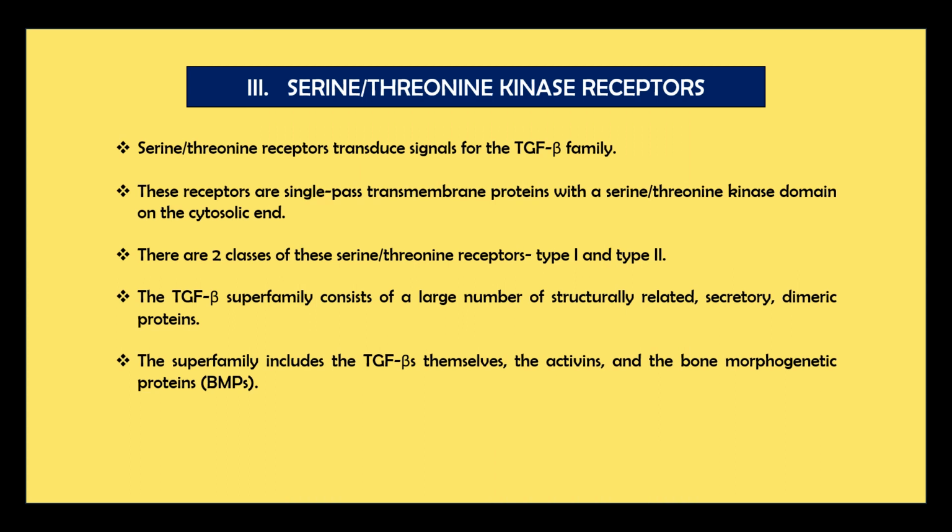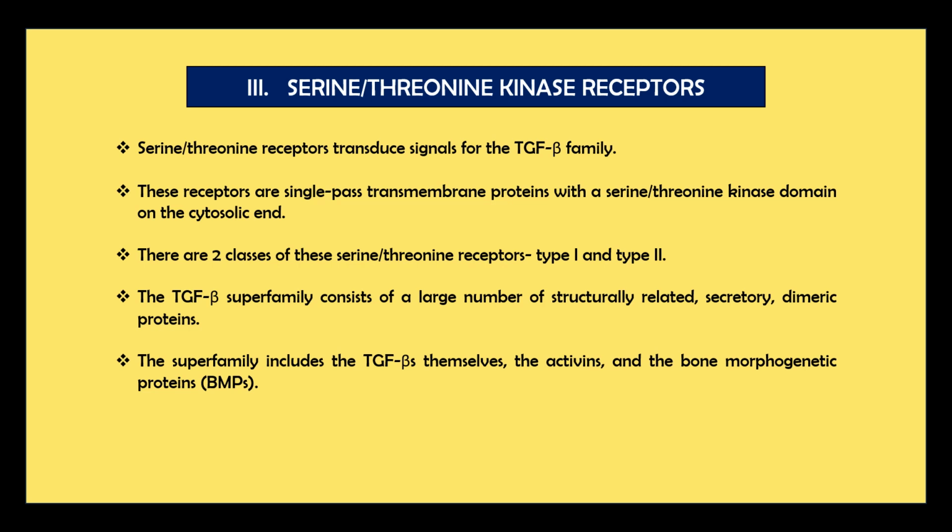Now, the next kind of receptor is serine kinase receptors. It is another enzyme-linked receptor. These receptors transduce signals for the TGF beta family, and they are single pass transmembrane proteins with a serine kinase domain on the cytosolic end. There are mainly two classes of these receptors, type 1 and type 2.